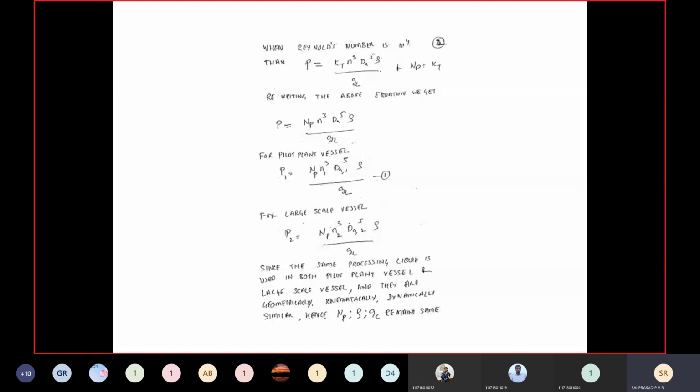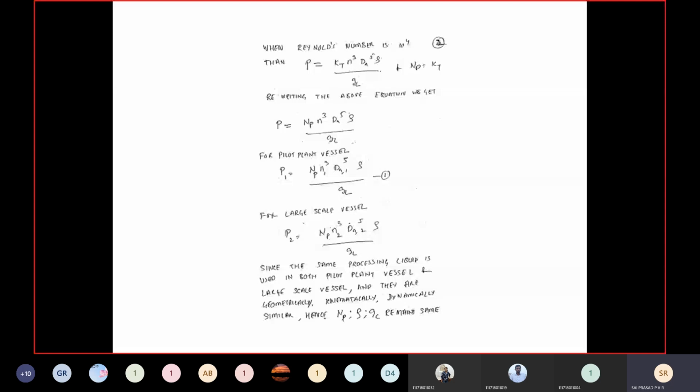So now if you replace Kt by Np, Np is the power function, so you have the formula P is equal to Np. Now, we will rewrite the formula for pilot plant. So P will become P1, Np will become the same, n will become N1, dA will become dA,1, rho is the same.